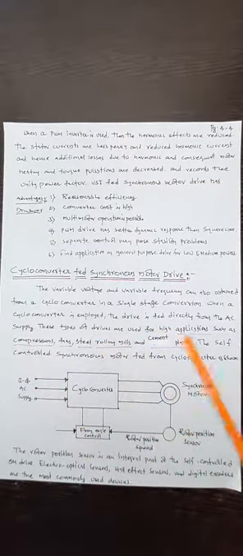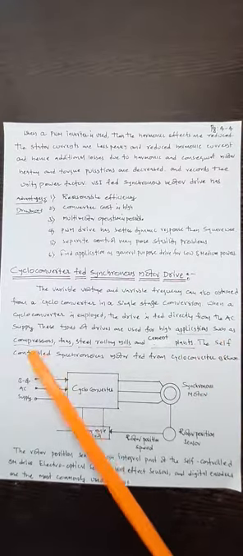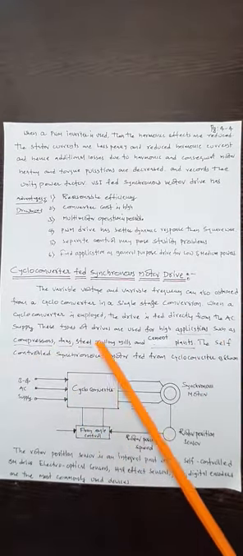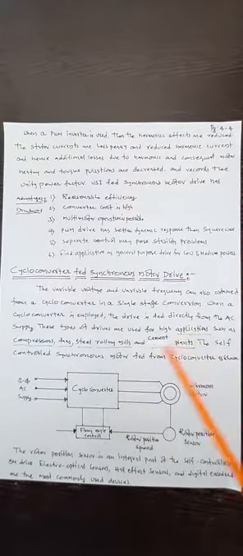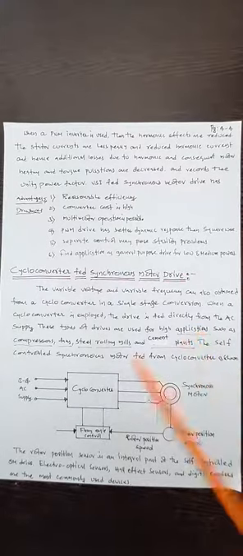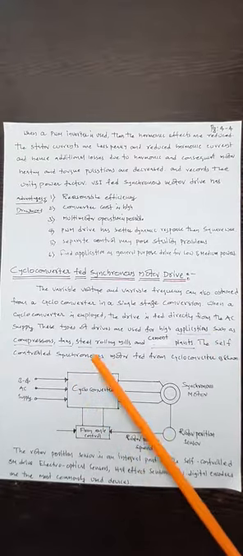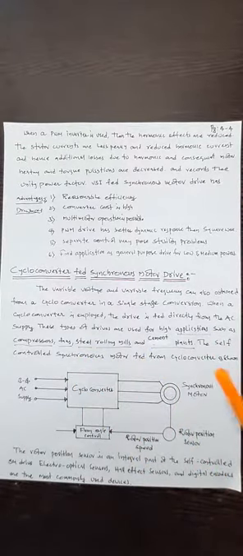These drives are used for high power applications such as compressors, fans, steel rolling mills, and cement plants. Many times it is asked in 2 mark questions, what are the applications of cycloconverter fed synchronous motor drives? So remember this: compressors, fans, steel rolling mills, and cement plants.